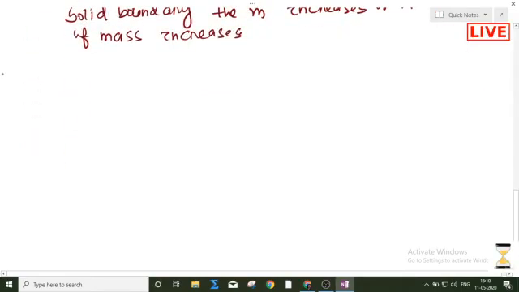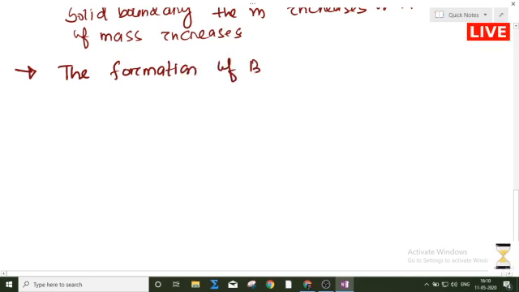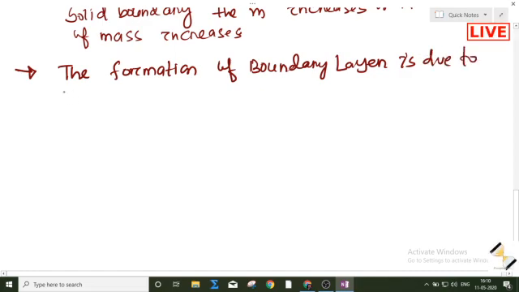So I can say one point: the formation of the boundary layer is due to the accumulation of mass.